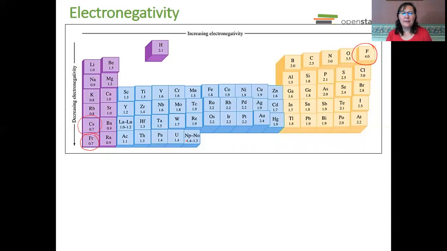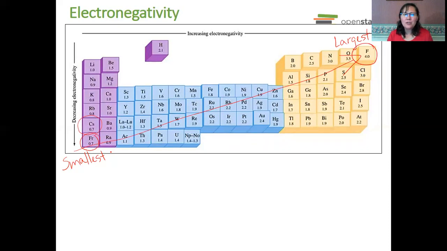And of course, in the transition elements, things get a little weird, but we've been seeing that all along. So you can really see this amazing trend in electronegativities, from the largest up here to the smallest down here. And again, electronegativity is how tightly an atom is pulling on shared electrons.